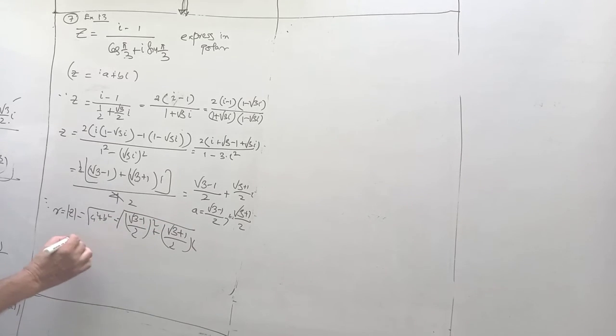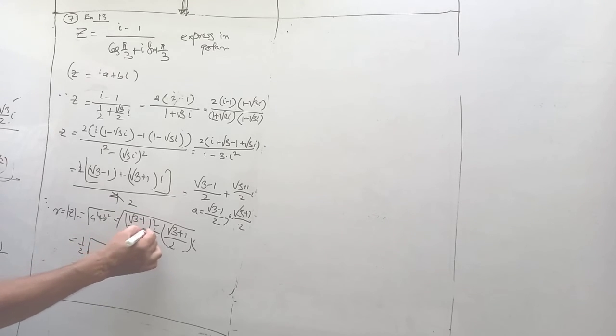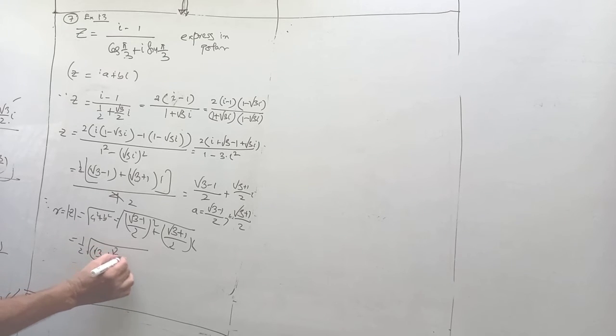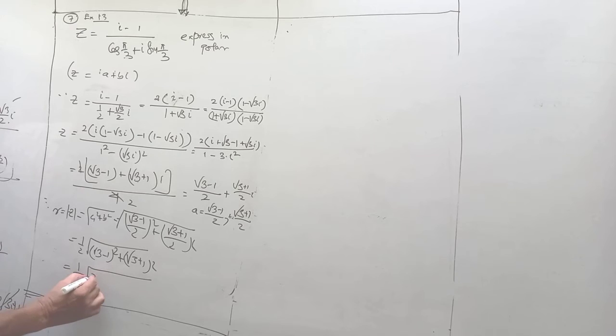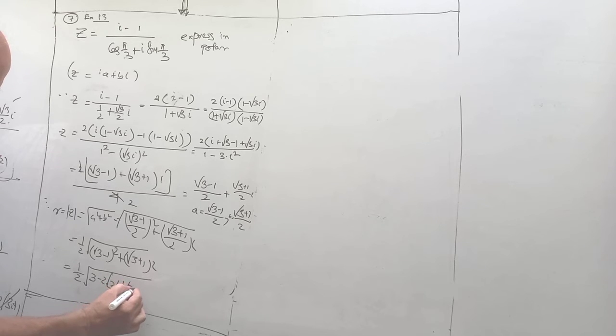Let us simplify, using a square minus 2ab plus b square and a square plus 2ab plus b square.